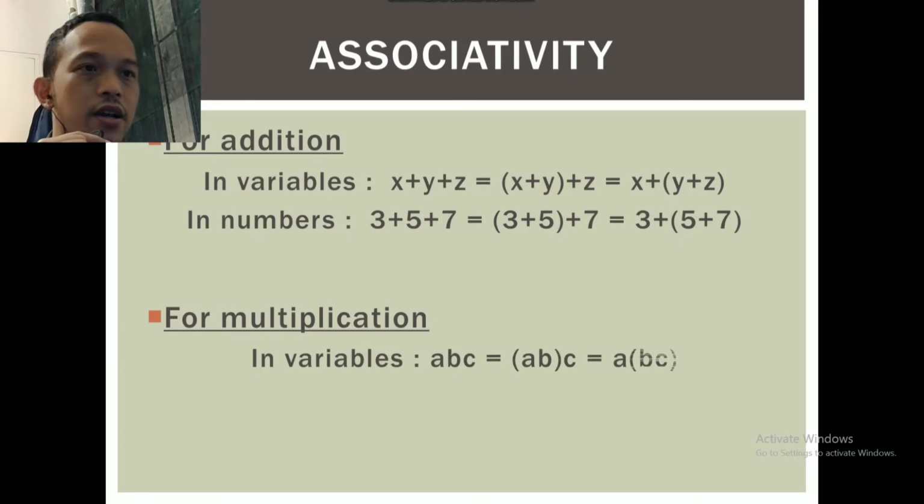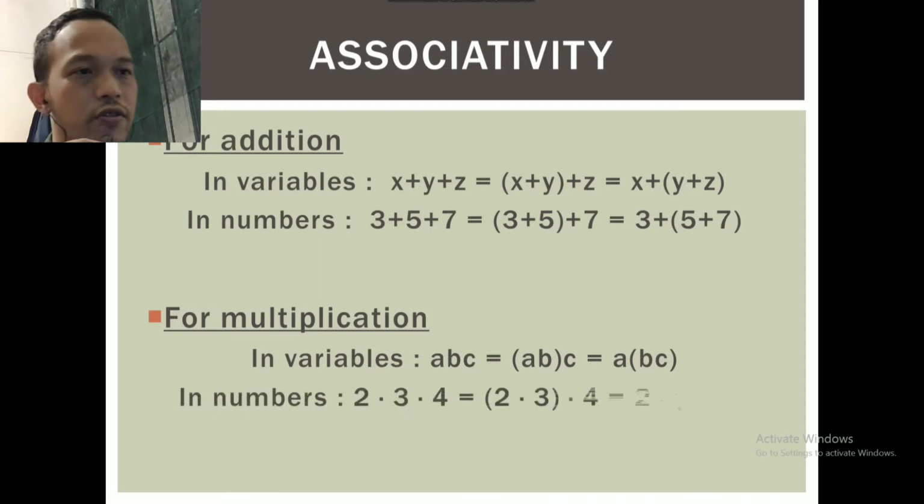In variables, if I have a times b times c, I can associate a with b first and then multiply by c, or I can multiply b by c first and then multiply the product by a.